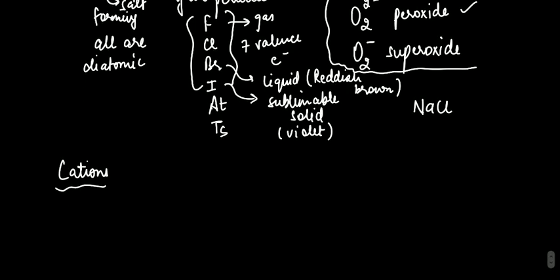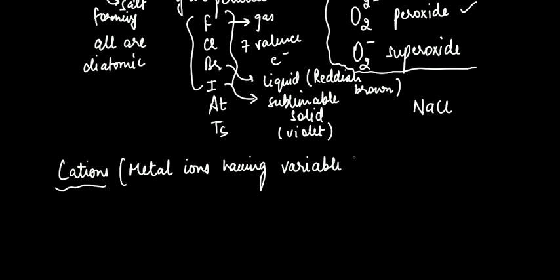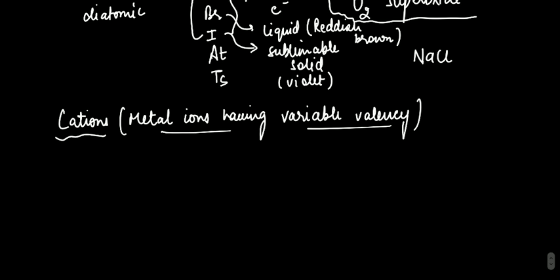So cations, or you can say metal ions, having variable valency, we say. Now I'm going to write multiple examples over here.